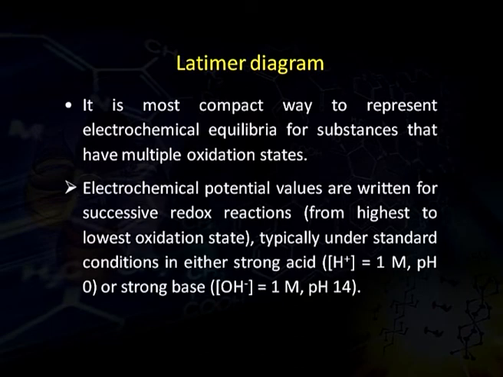The electrochemical potential values are written for successive redox reactions from highest to lowest oxidation state, typically under standard conditions in either strong acid with hydrogen ion concentration 1 molar of pH 0 or strong base having hydroxide ion concentration 1 molar and having pH 14, means the extremely acidic pH 0 and the highly alkaline pH 14. The oxidation states of successive substances in a Latimer diagram can differ by 1 or more electrons.